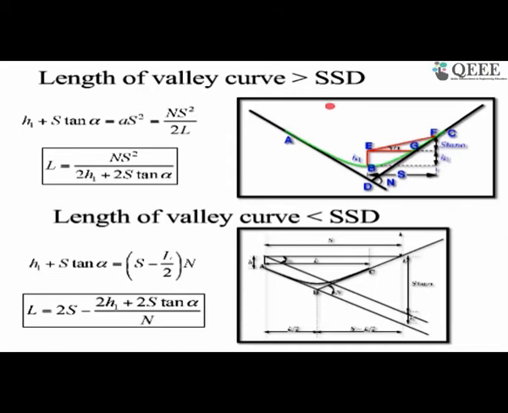So if you need to provide an overtaking facility along the valley curve, definitely you need to consider overtaking sight distance instead of S, which here is the stopping sight distance. It all depends on whether you want to provide intermediate sight distance, overtaking sight distance, or stopping sight distance. This is just an instance: if you are considering stopping sight distance, that is how it is going to look. Depending on that length, you are going to provide this equation. Other than that, it is going to remain the same.